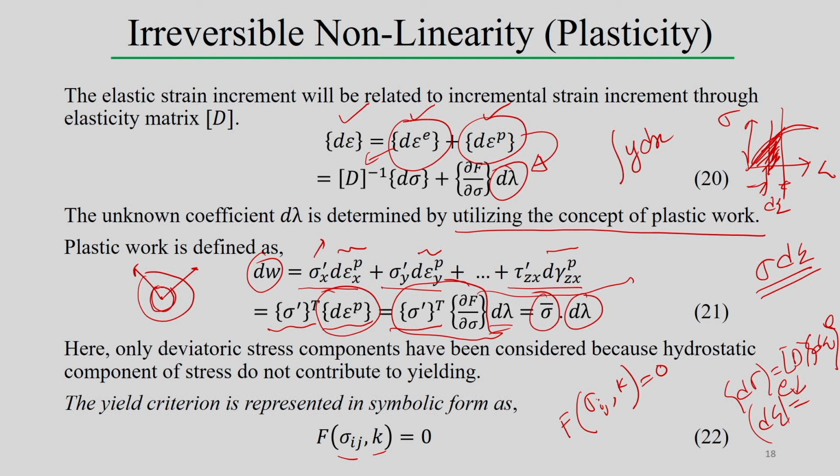Maybe this is the initial yield surface defined. For a single uniaxial tensile test, we can consider this as the first yield point, corresponding to the initial yield stress. Now, if we keep applying the load, it will deform and reach this particular point. Because of the strain hardening effect, we can consider this as the next yield point.